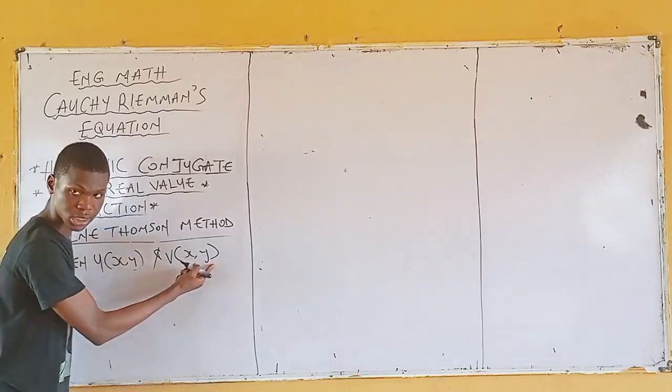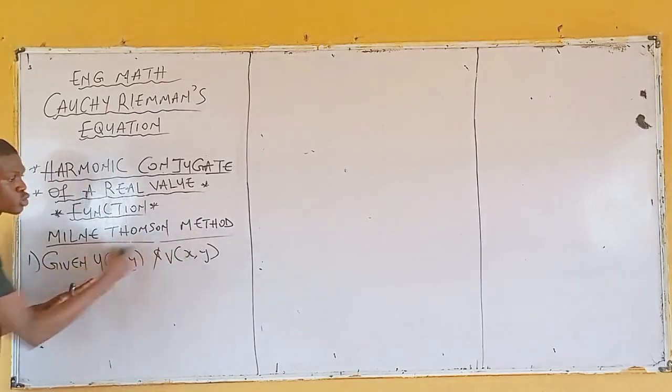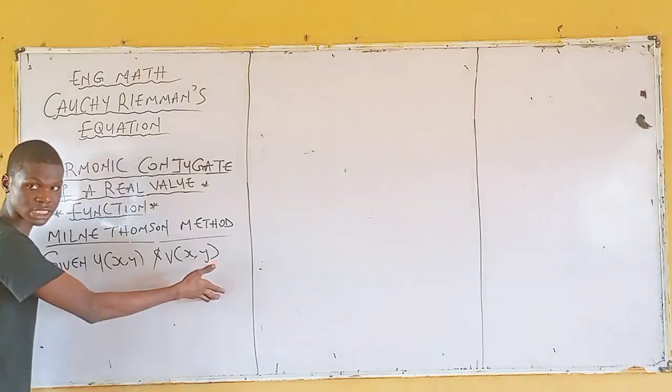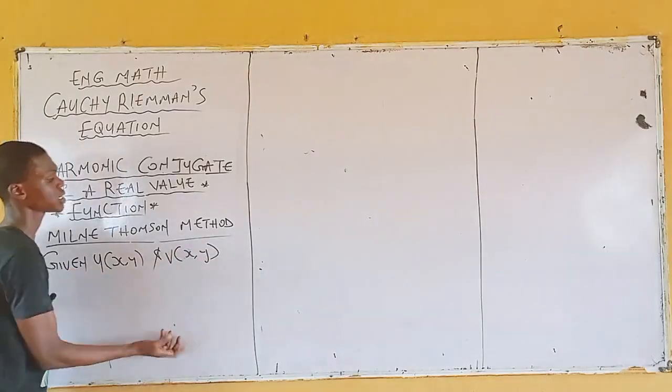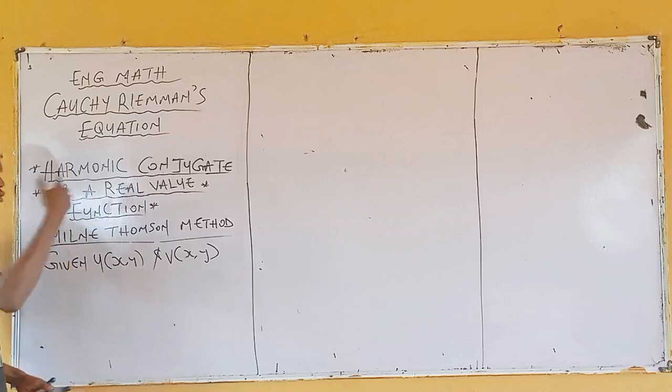Let's say you are given the imaginary part, meaning you have to find the real function. So this method works vice versa. It's either you'll be given this, then find the imaginary, or you should be given the imaginary part, then find the real part. So step 1, given this function, write this function.